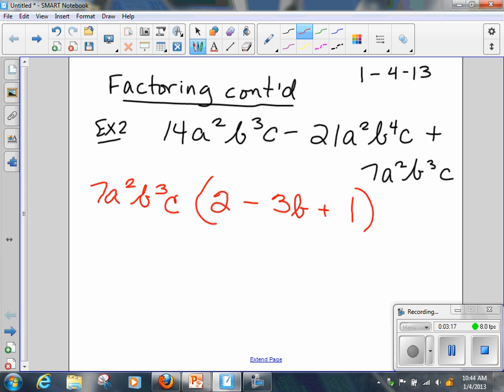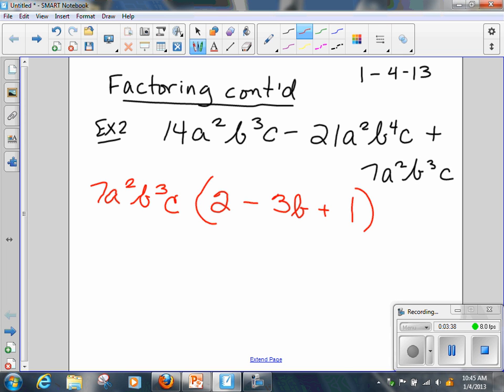Why? Because they're like terms. Did anybody see the like terms in the original problem? Could you have gone that way first and then factored out the GCF? Yes. More than one way to skin a cat, folks.